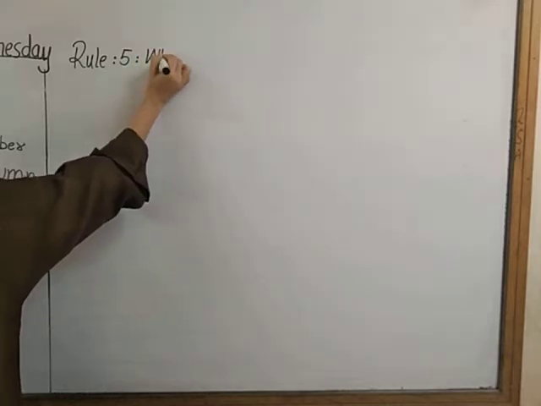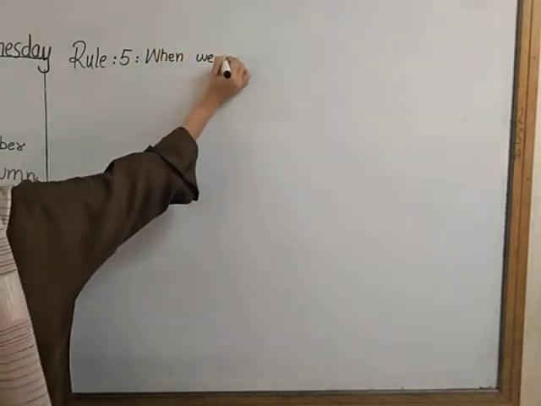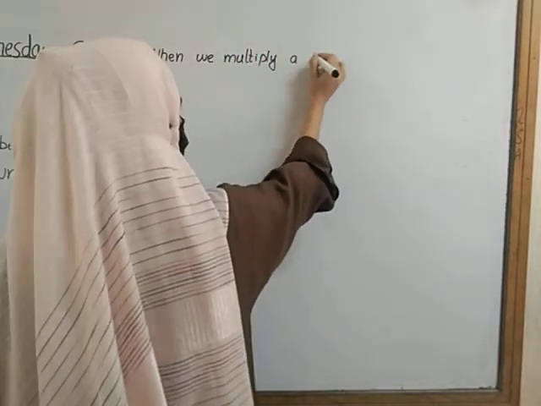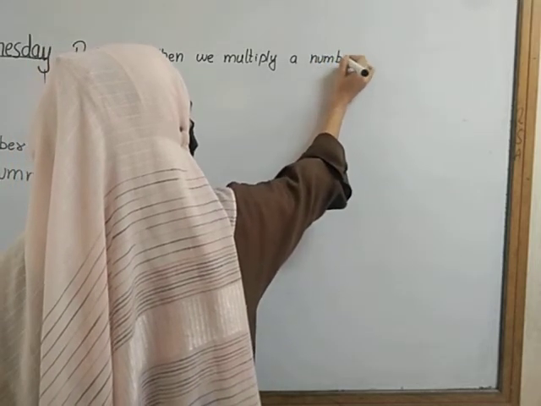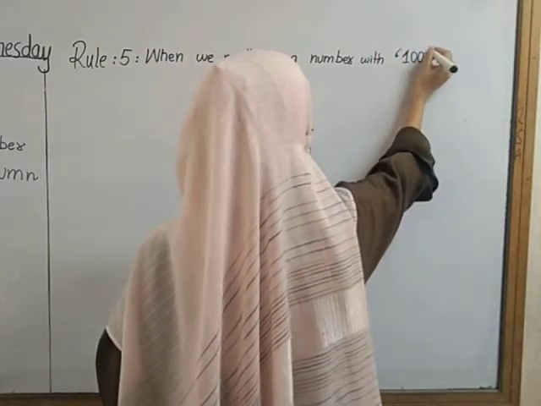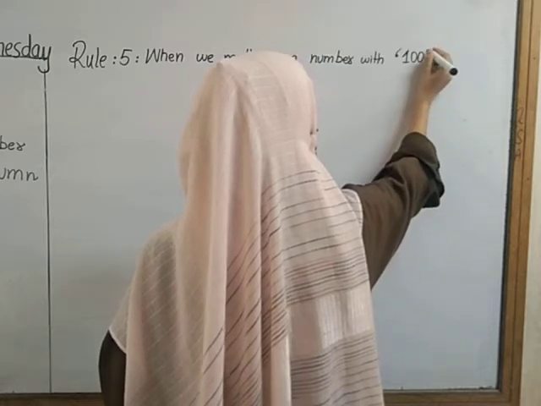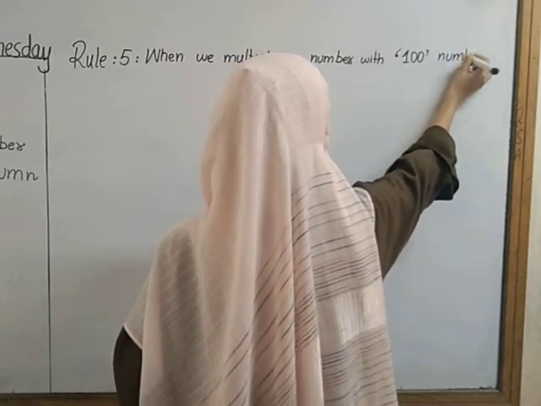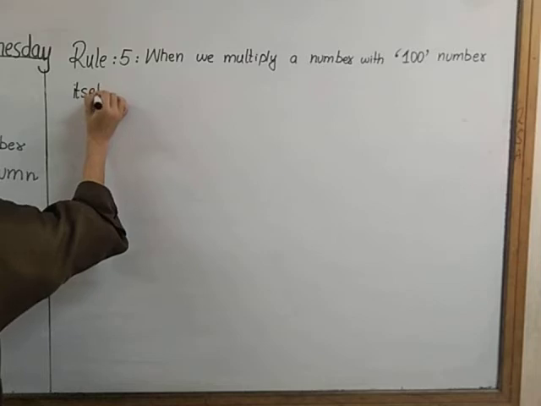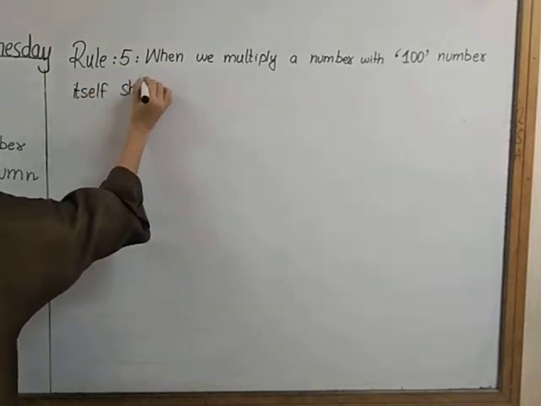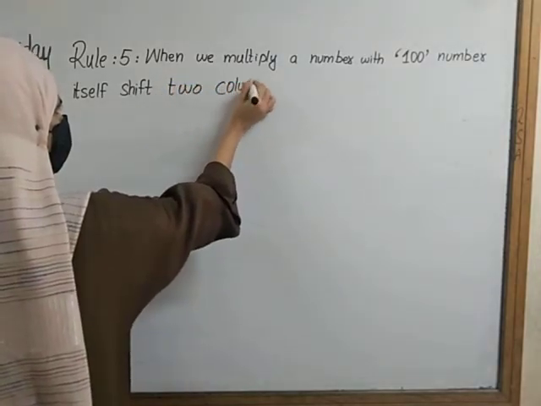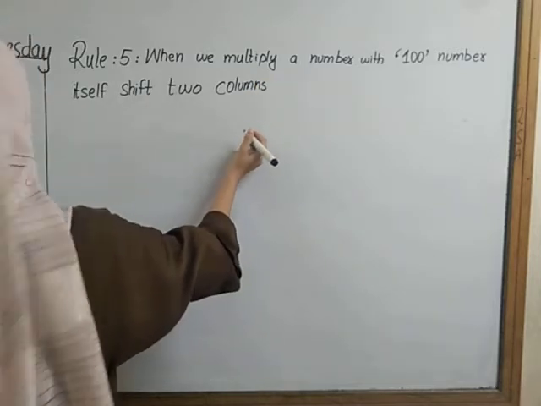When we multiply a number with 100, the number itself shifts 2 columns to the left side.